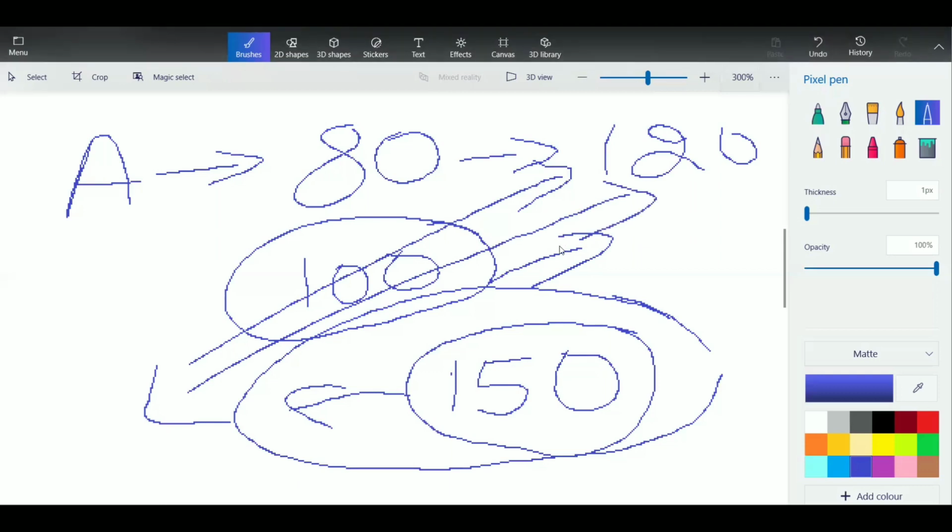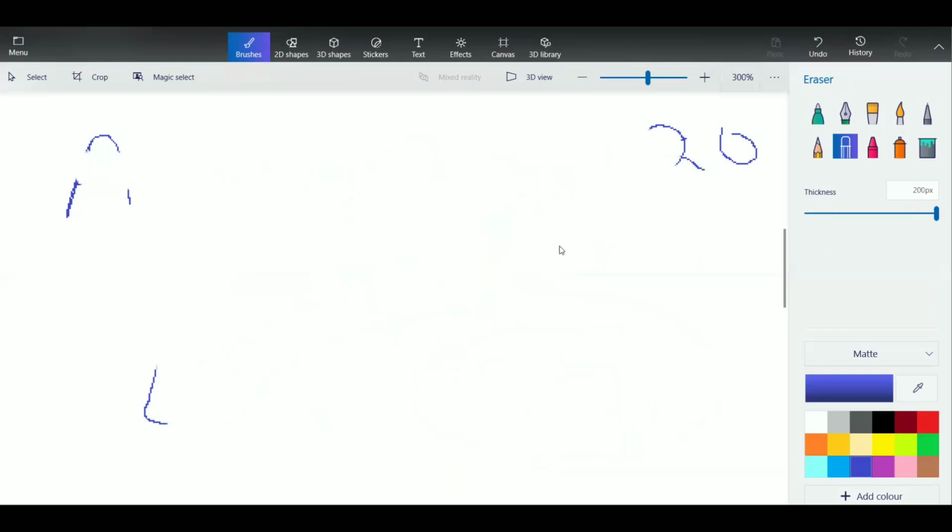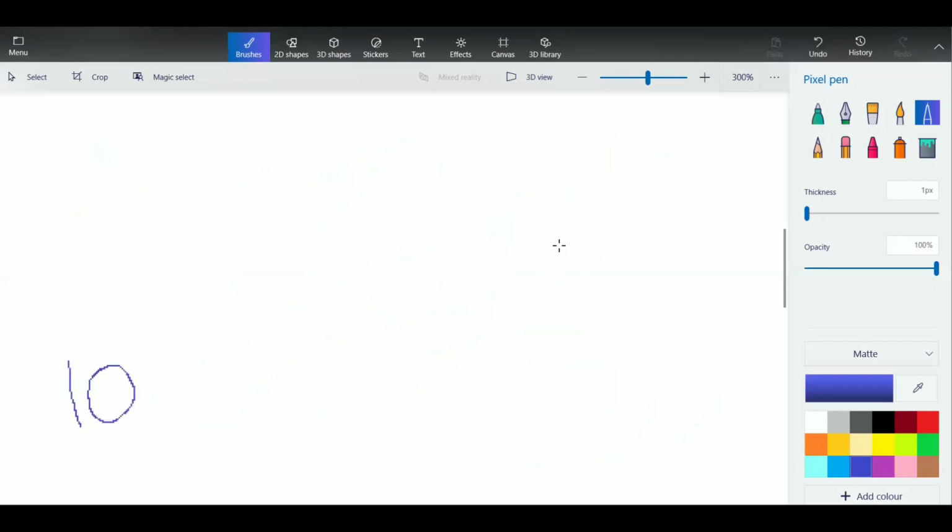Now we'll make it a little simpler based on our trading aspect. For example, Reliance price is at 1,000 rupees currently.